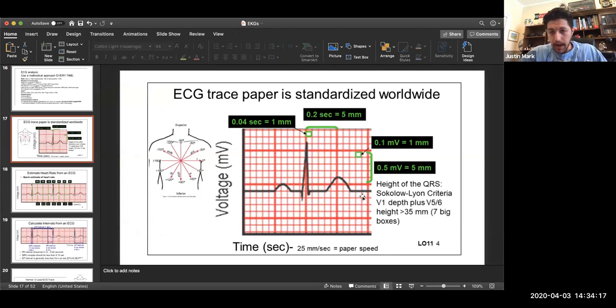If we look at it vertically, I know they're squares, the entire big box would be 5 millimeters. This becomes important if we're looking for hypertrophy. So the Sokolow-Lyon criteria has to do with diagnosing left ventricular hypertrophy or right ventricular hypertrophy. Basically, you would see QRS complexes that are really, really big, up or down, and we'll see that. Any questions so far?